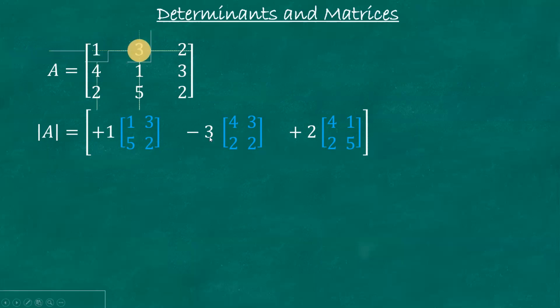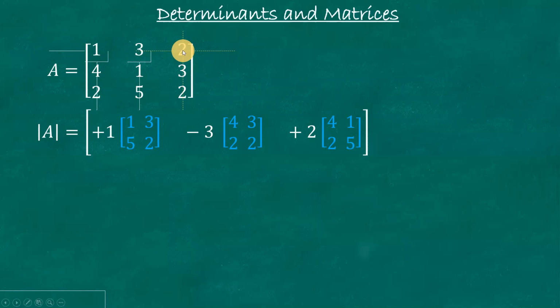Next. The element is 3. I-multiply nako. If I will delete 3, first row, second column, ang bilin kay 4, 3, 2, 2. Diba?